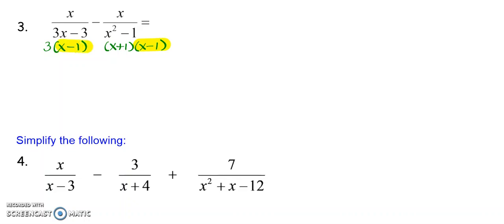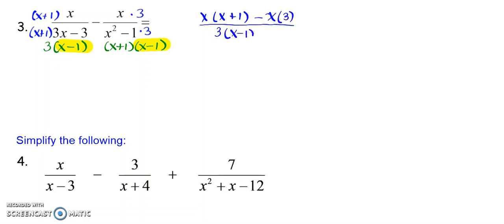But this first fraction needs to be multiplied by the x plus 1, while the second fraction needs to be multiplied by that 3. So we get x times x plus 1 minus x times 3 over 3 times x minus 1 times x plus 1.